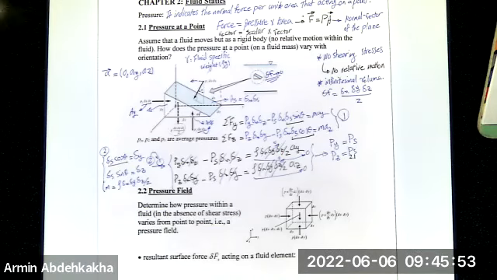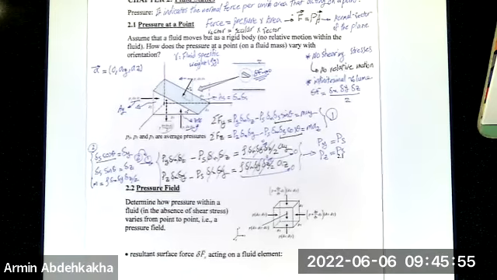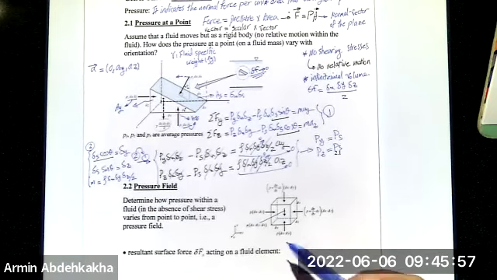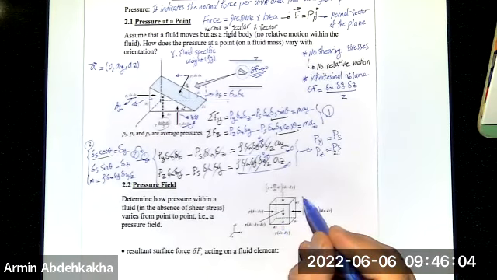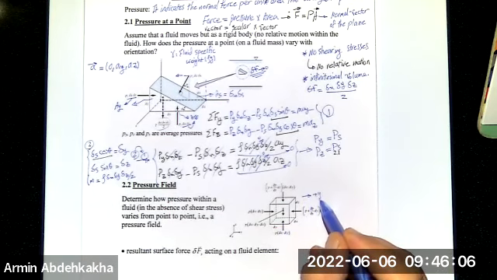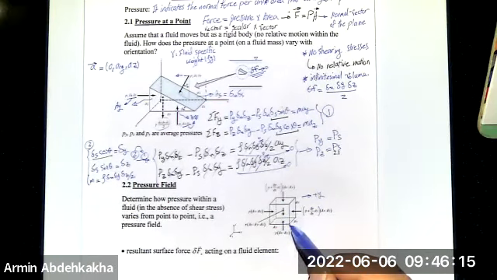Okay, let's talk about the pressure field. You have a box of volume here, that's your y direction, and you have a very small size of box. Then you have pressure here, and the other side has a very small change in the pressure.